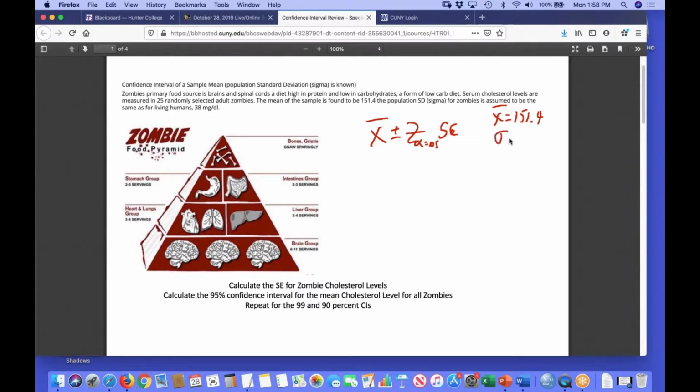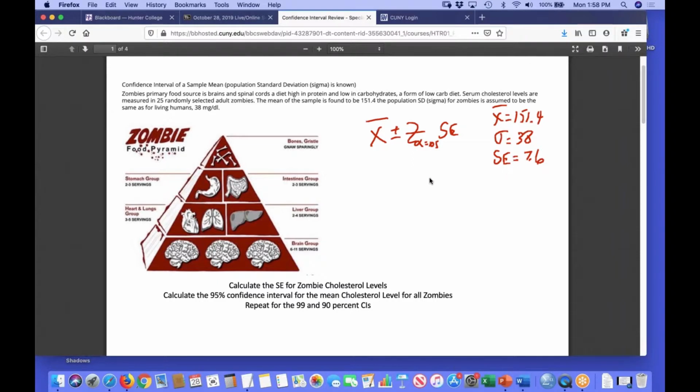My standard deviation was equal to 38, and my standard error of the mean is, I think I said 7.6, right? That would make sense. So the standard error is equal to 7.6.